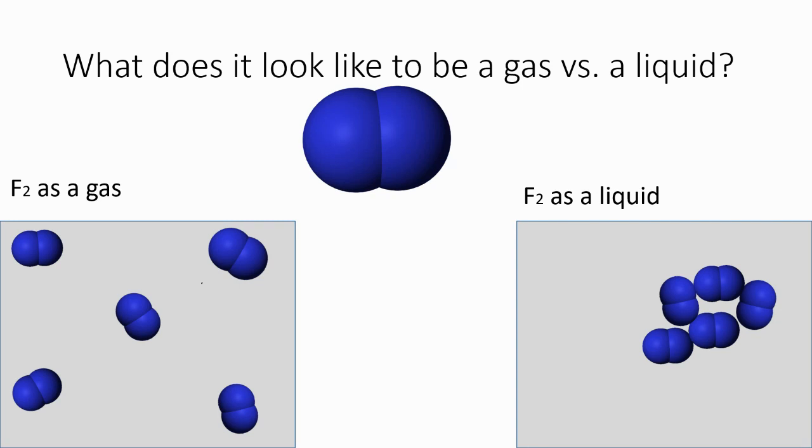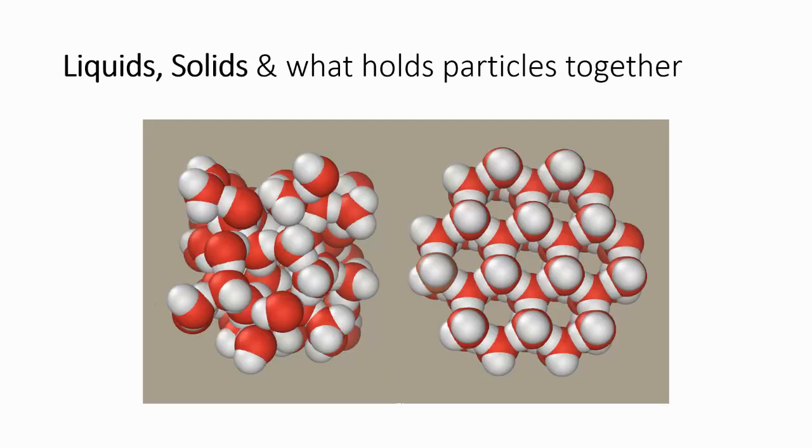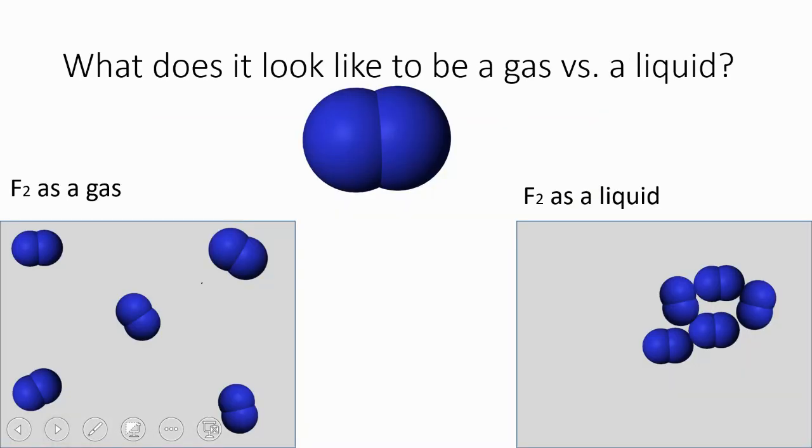And if I wanted to calculate the molar mass of this molecule, I would say that it's 2 times 19 because it's F2. So the molar mass of this molecule is 38 grams per mole.